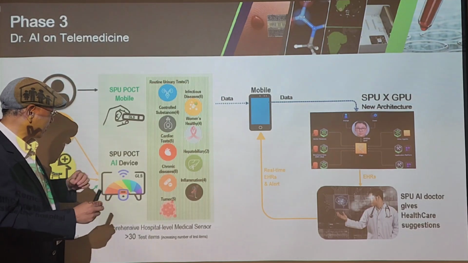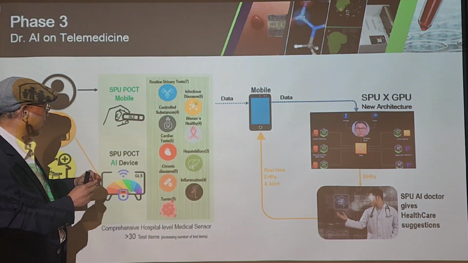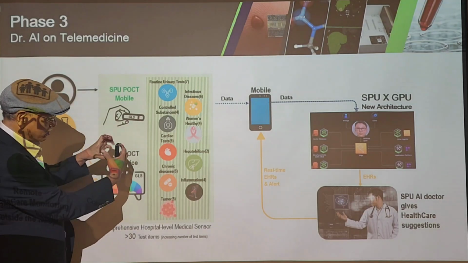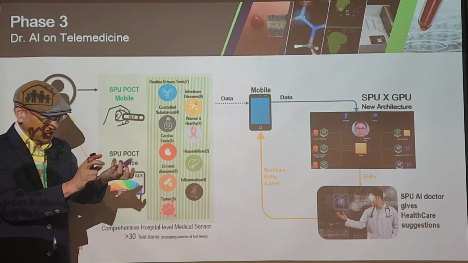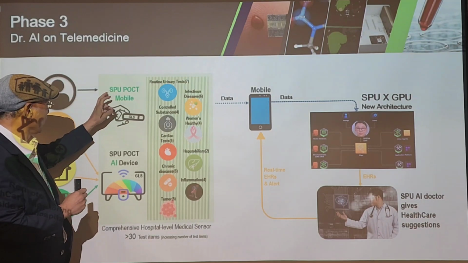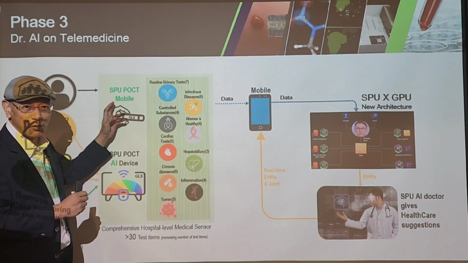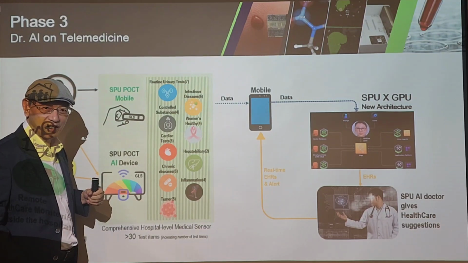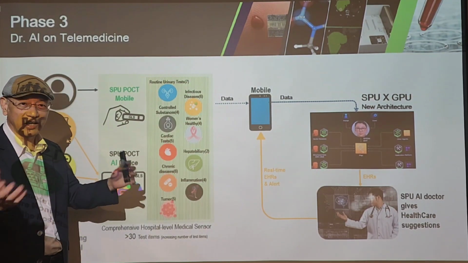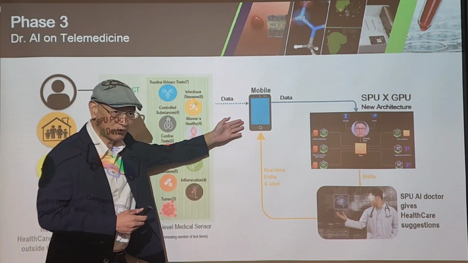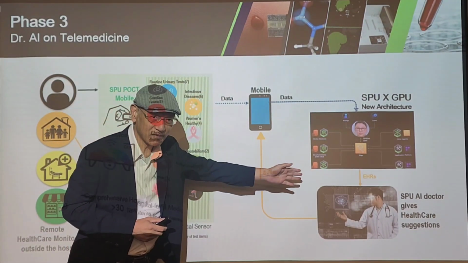At the same time, we're going to develop an even smaller device, which is portable and very small, and we call it the SPU POCT mobile. That way you can carry this device with you anywhere, and this device will use a mobile phone to send the data back.